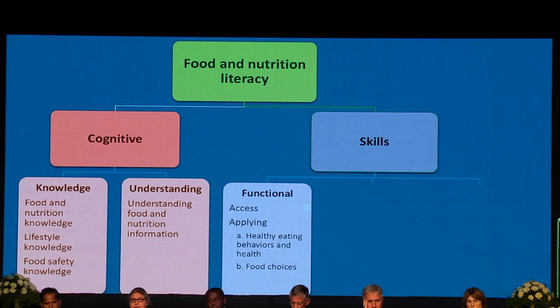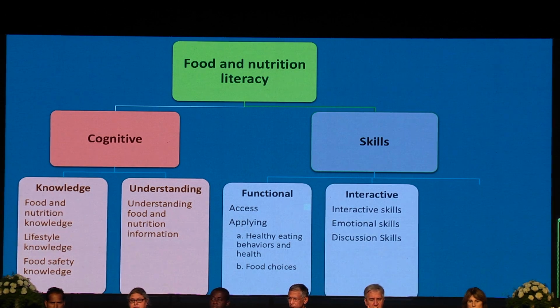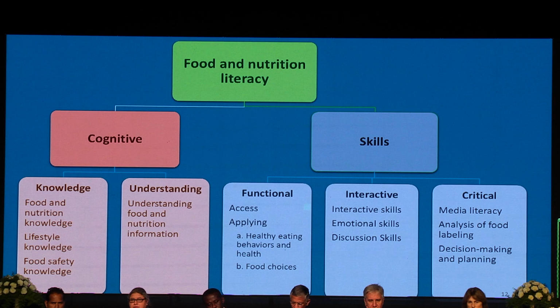With regard to skills, we used the same model of Nutbeam, and it was approved that there are functional aspects, or literacy level, with regard to knowing how to access information and being able to apply it, as well as another aspect, which is food choice. With interactive skills, we were looking at interactive, emotional, and discussion skills, as well as the critical level, or critical literacy, which was related to media literacy, analysis of food labeling and being able to use food labels, and the ability to make decisions and plan for the diet and food to be chosen.